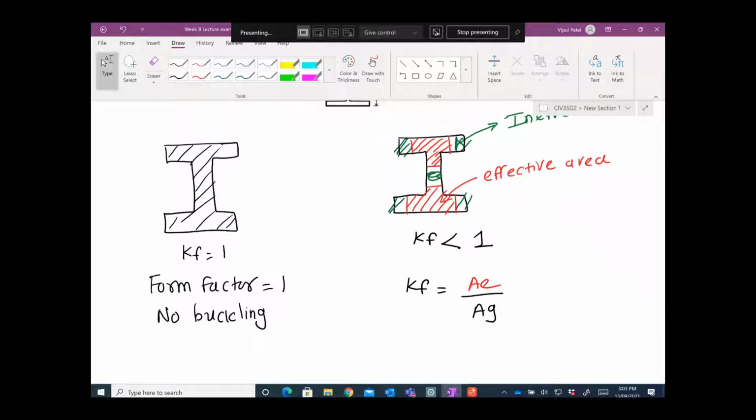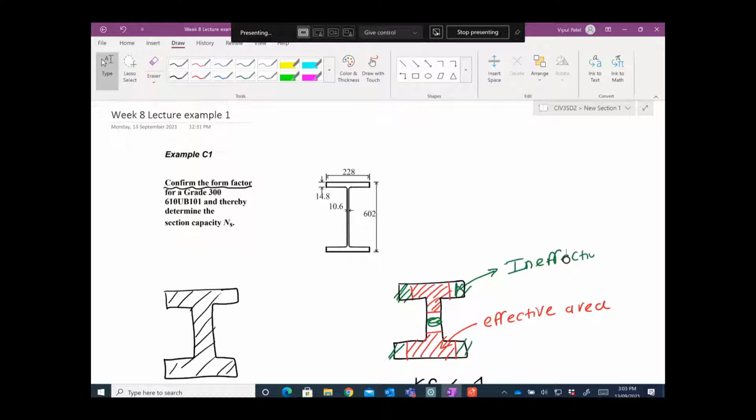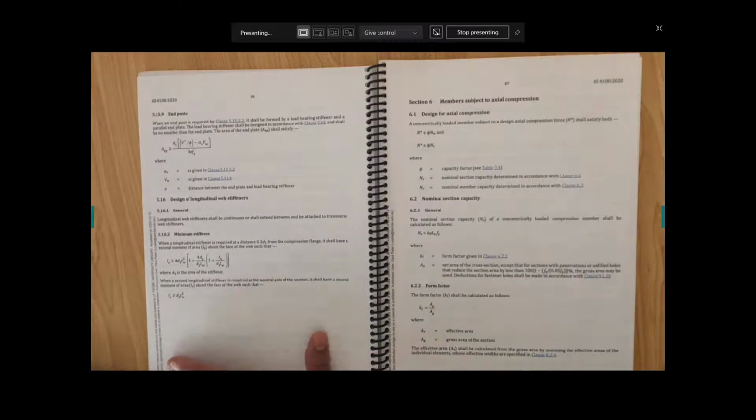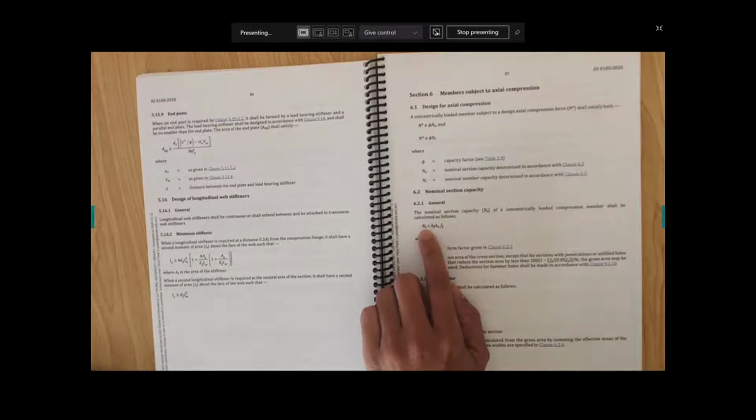So basically the OneSteel tables give you these form factors, but these examples want us to calculate the form factors and match them with the OneSteel tables. So this is grade 300, and it has given 610 UB101 and asks us to determine the section capacity Ns. Section capacity is represented by Ns. Ns is equal to Kf An Fy.